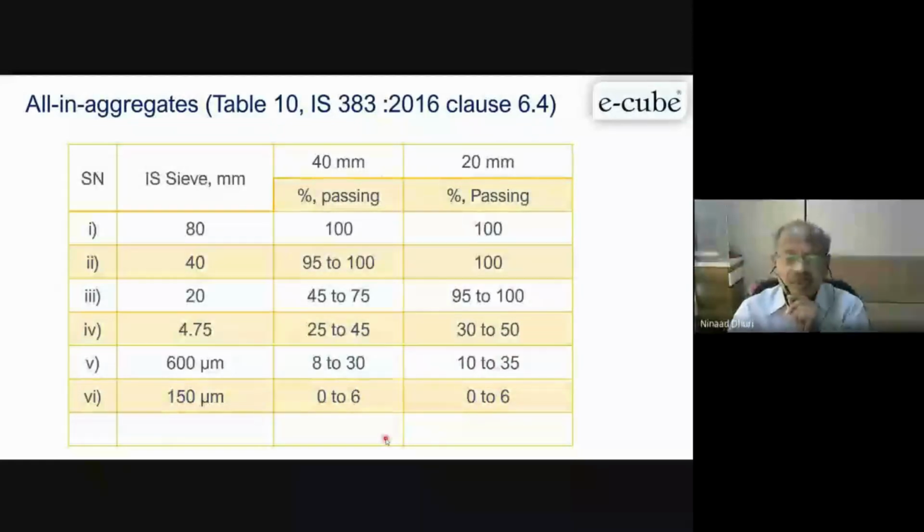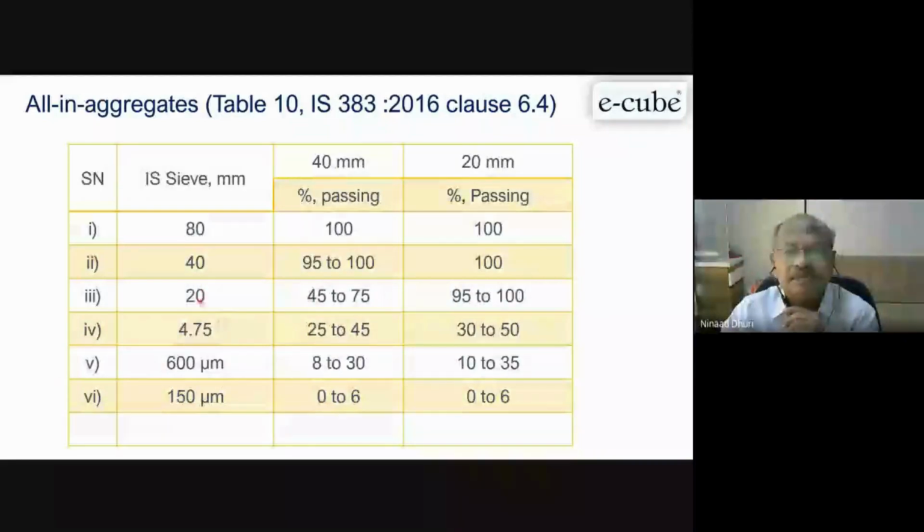In the earlier lecture we showed the gravels, which is the coarser material of your river sand. So they are available in mines also, means your river beds. If you excavate, you get those coarser aggregate materials, and they are available right from 80 mm to 150 micron. But generally our interest is 20 mm to 150 micron.